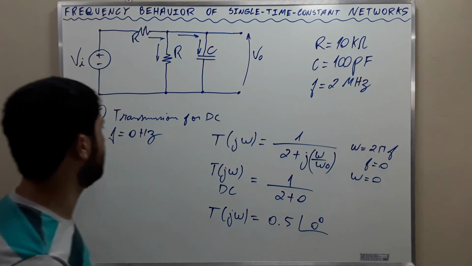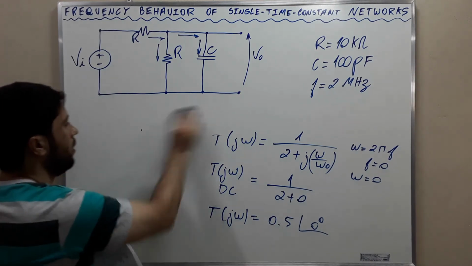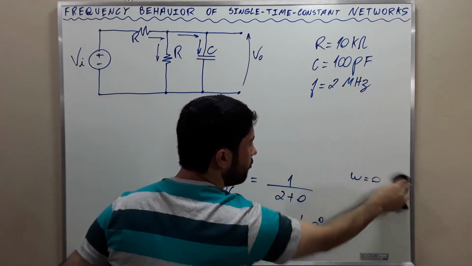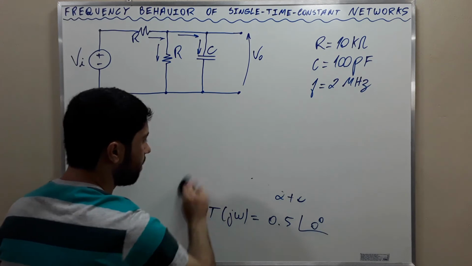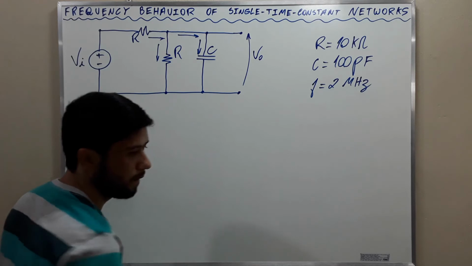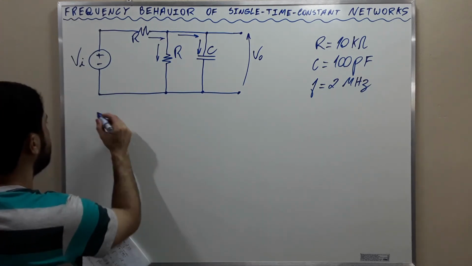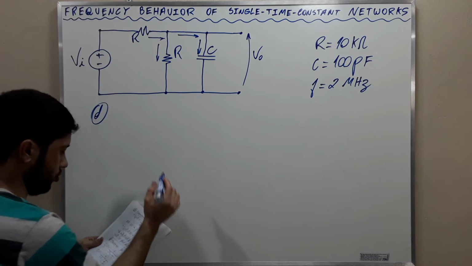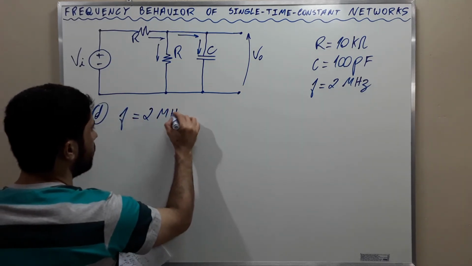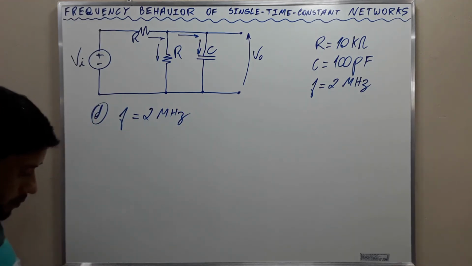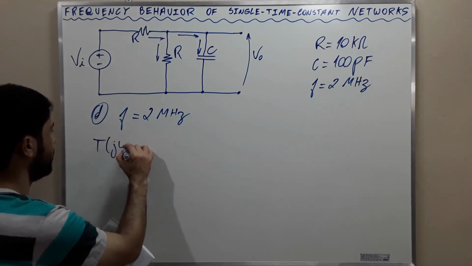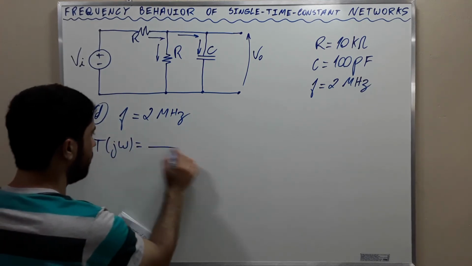Now let's go to letter D. Letter D wants us to calculate the transmission for the frequency of 2 megahertz. Again, we use the expression of transmission that we just found.